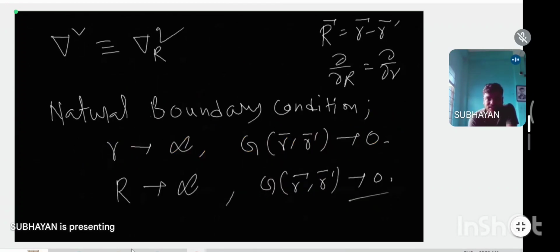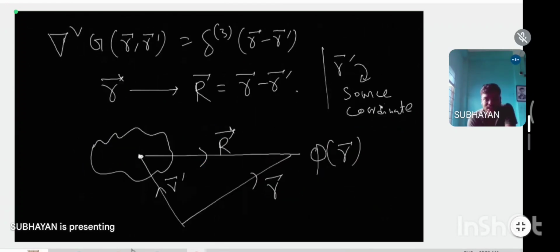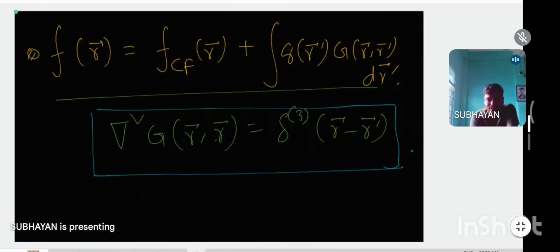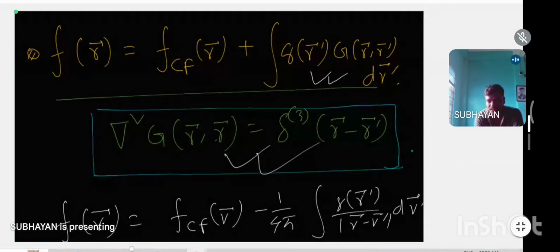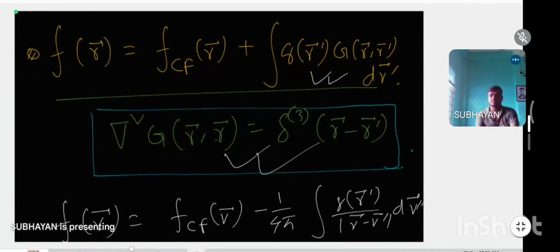You can put the expression of G here. So you have f of r is equal to f of complementary function of r and minus 1 by 4 pi integration g of r prime by mod of r minus r prime d tau of r prime.